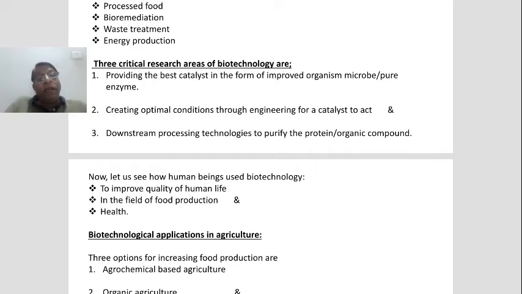And downstream processing technologies, in brief we call DSP. Later on you can know what is meant by DSP and the detailed steps. Downstream processing technologies to purify the protein or organic compound. So these are the three critical research areas of biotechnology.